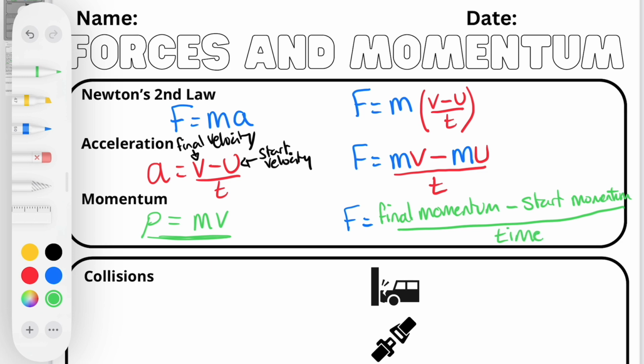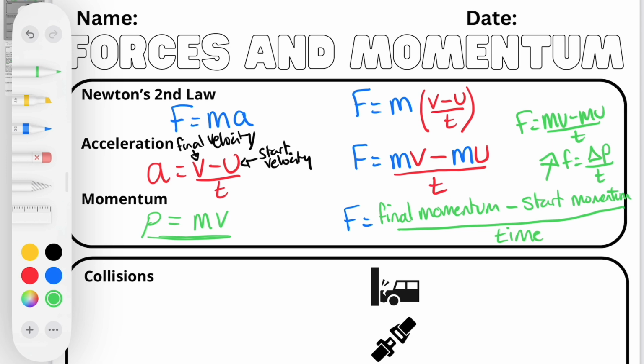You'll also see this written as F equals mv minus mu over t, or sometimes as delta p over t, that delta meaning change, and we know momentum is p. So you'll see it written as both of those.